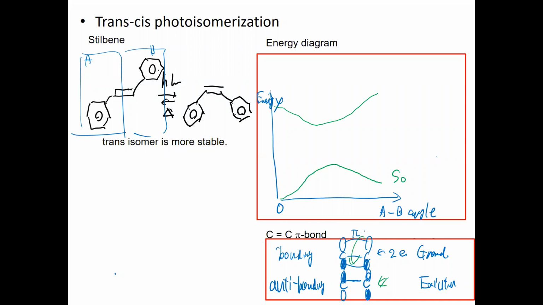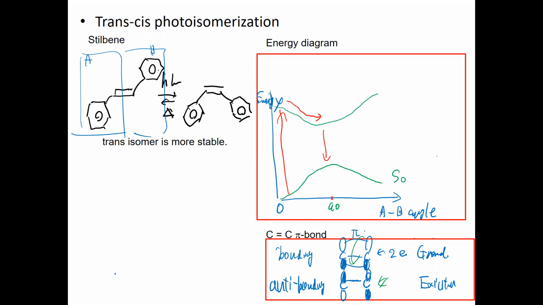That's why when the light is illuminated and it goes to the excited state, it goes down and relaxes. At this point, it's maybe around 90 degrees.